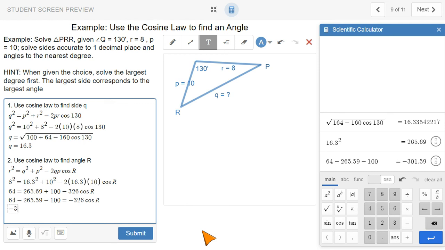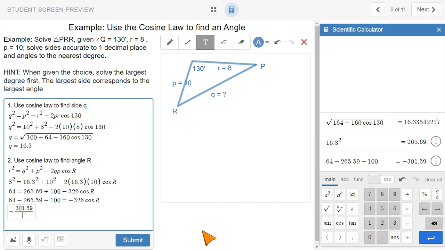And we have negative 301.59. Let's divide it by negative 326, and this is equal to cosine R.